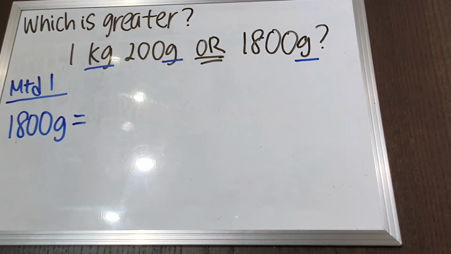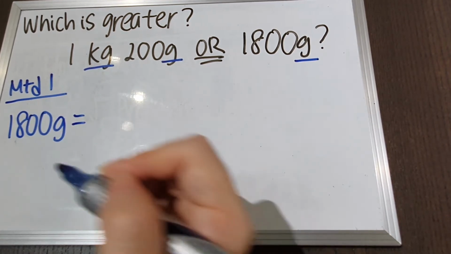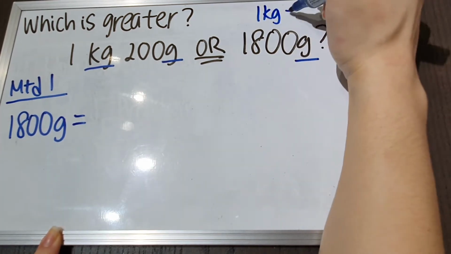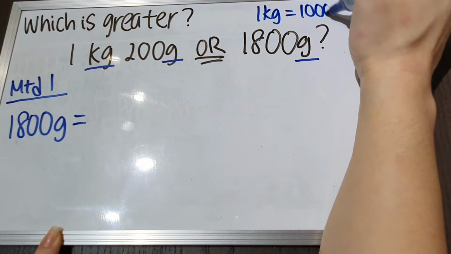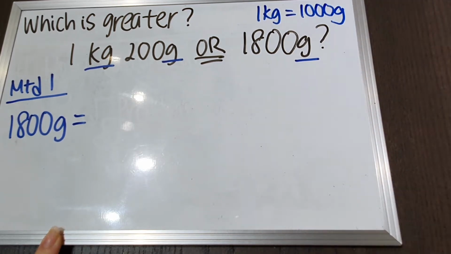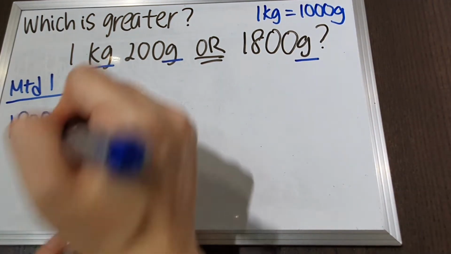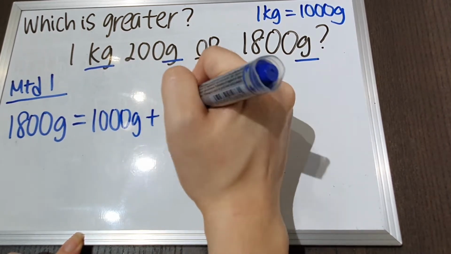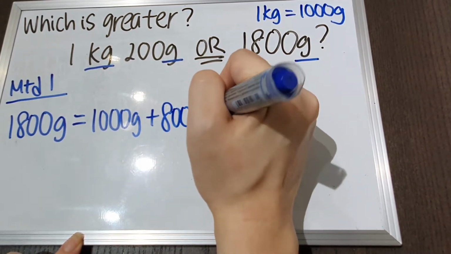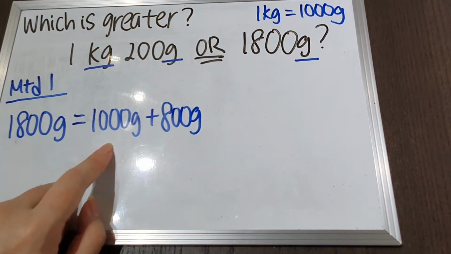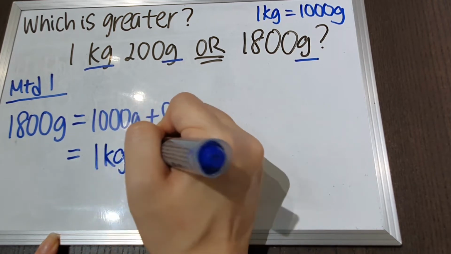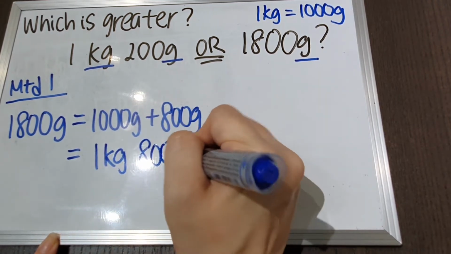Good. You should be able to recall that 1 kg is equals to 1000 grams. And I know that 1800 gram is equals to 1000 grams plus 800 grams. And I know that 1000 gram is 1 kg. So this is equals to 1 kg 800 grams.